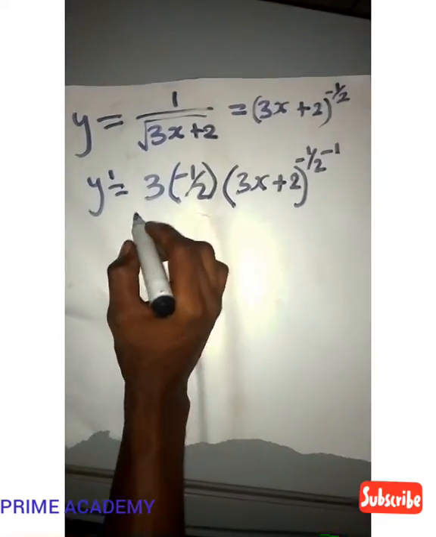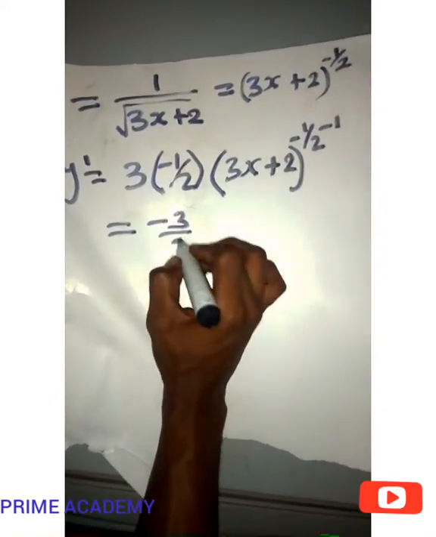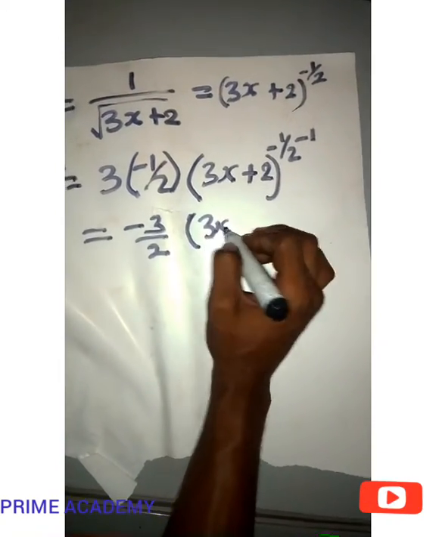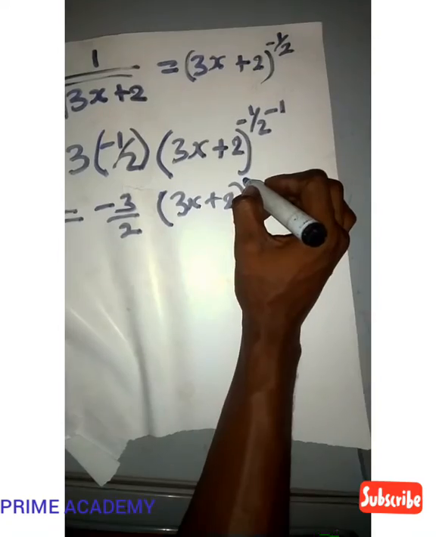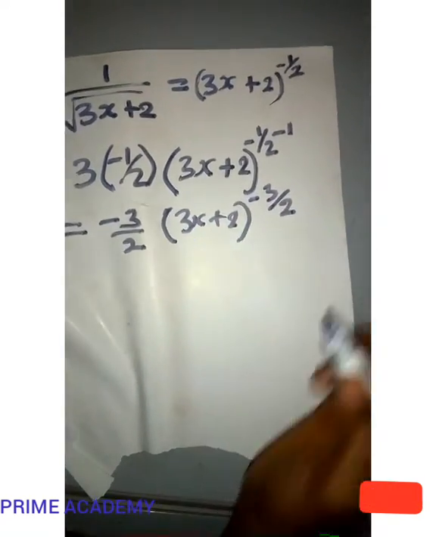Now simplifying this, we have negative 3 over 2 times 3x plus 2 to the power of negative 3 over 2.